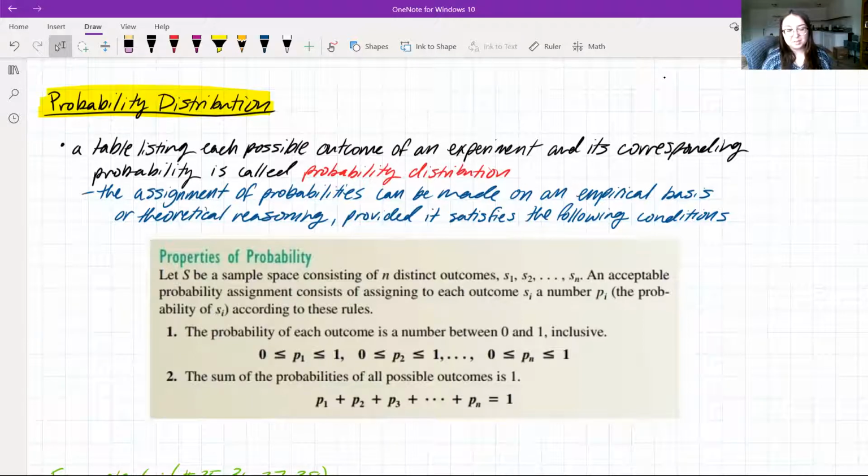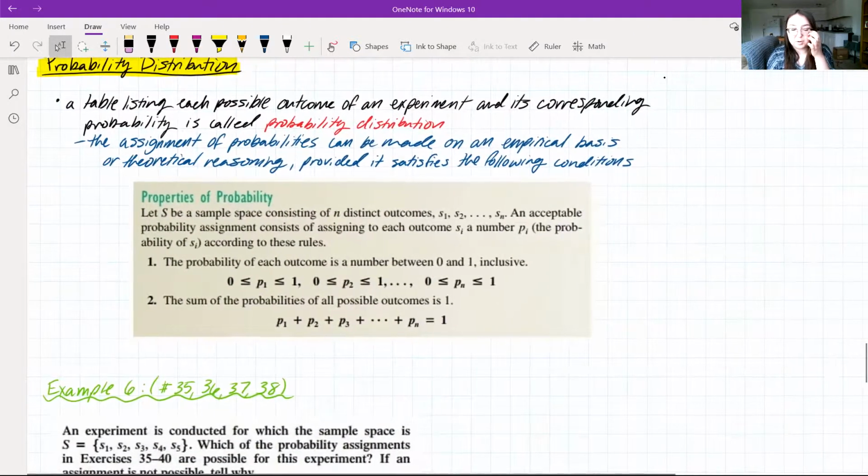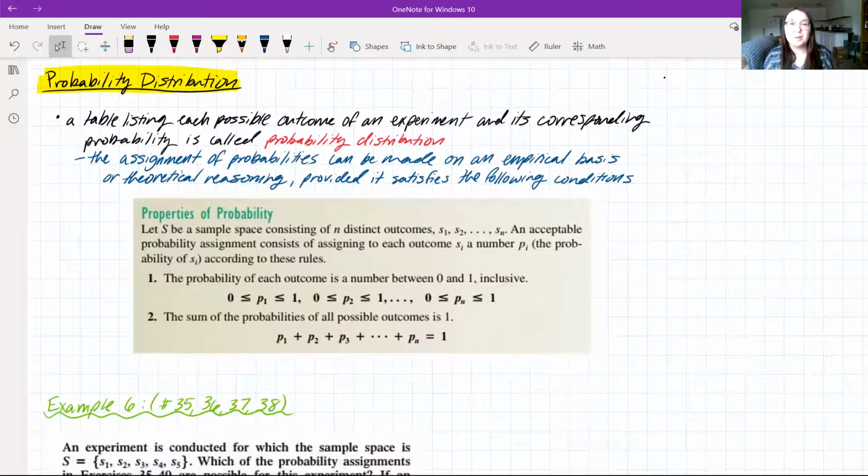Two, the sum of the probabilities of all possible outcomes is 1. It has to equal 1. Can't be more than 1, can't be less than 1. So when looking at these tables or lists of distributions, each outcome has to be between 0 and 1, and they all add up to 1. Those are the only things we care about.